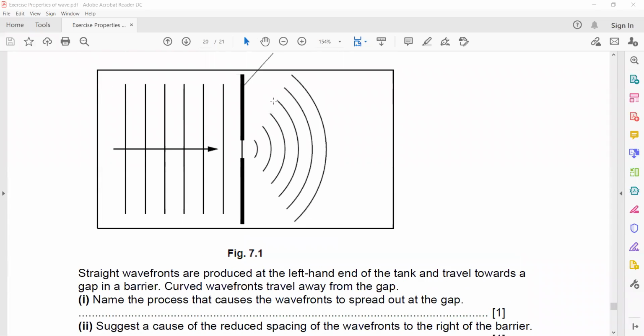Reduced spacing means the wavelength before passing through the gap and after it passes through the gap is decreasing. So it gives an idea that maybe the region changes, that the water might enter from deep to shallow. That's why the wavelength is decreasing. Is it clear?